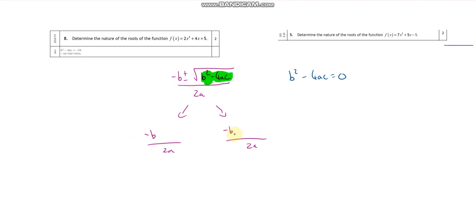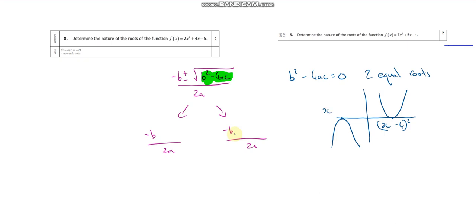So you say that you've got two equal roots. And all that means is your graph's doing something like this. It's kissing the x-axis, okay? That might be y equals x take away 4 squared, that might be y equals x plus 4 squared or something like that. So you've got two equal roots. That's when it's equal to 0.